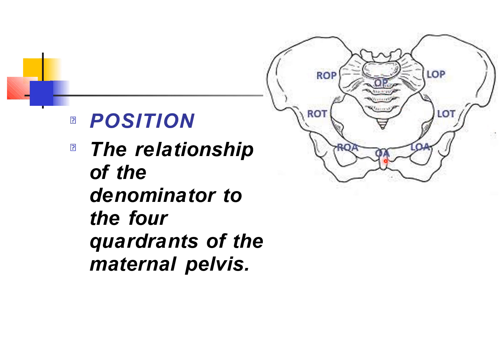If you are dividing the pelvis into 4 quadrants, see where this occiput, where this denominator is coming. If it is coming over here, one position will be there. If it is coming here, another position will be there. Like that, on the basis of that, we tell the position of the baby.